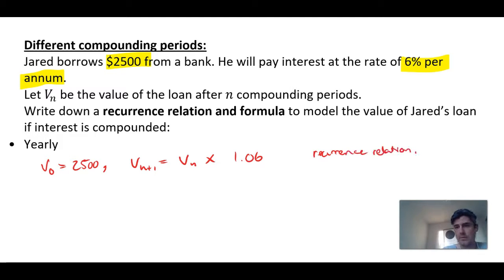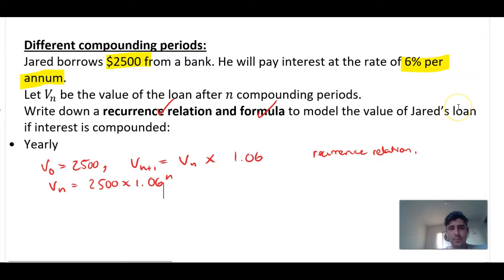We also want the formula as well. So that's the recurrence relation, now we want the formula. The formula for any value of Vn can be found by getting the starting value, which is 2,500, and multiplying it by 1.06, the multiplier, to the power of n.